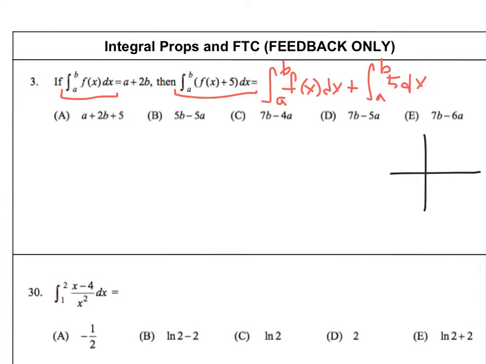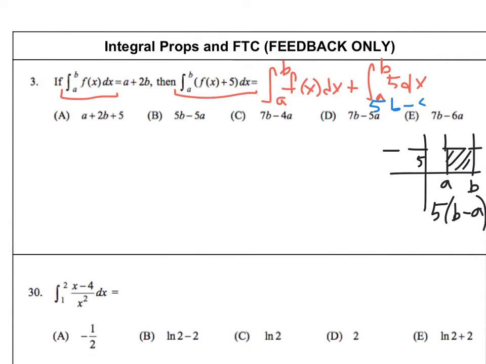We know that the height is 5, and if we're going from a to b, this area would be the height, 5, times b minus a, the width.